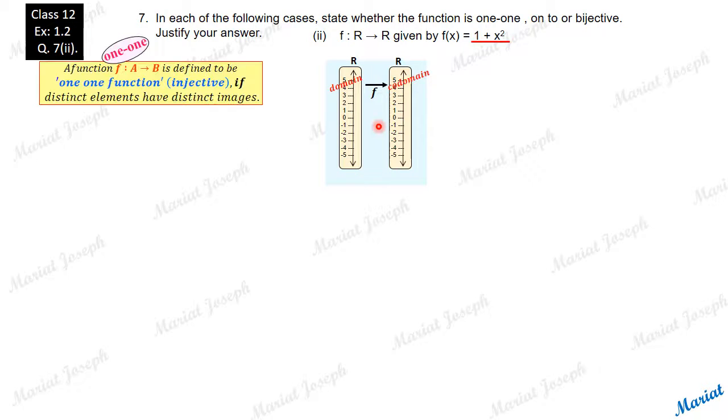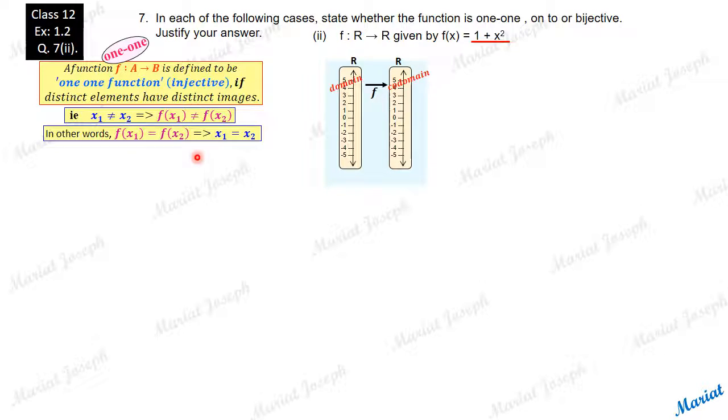We need to check whether it is a 1, 1 function. A function f defined from set A to set B is defined as 1, 1 function or injective function if distinct elements have distinct images. That is, whenever two numbers x1 and x2 are unequal, their images should also be unequal.